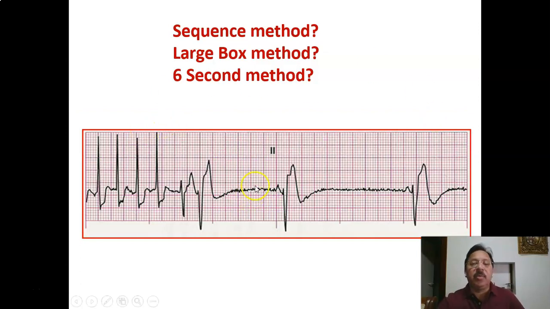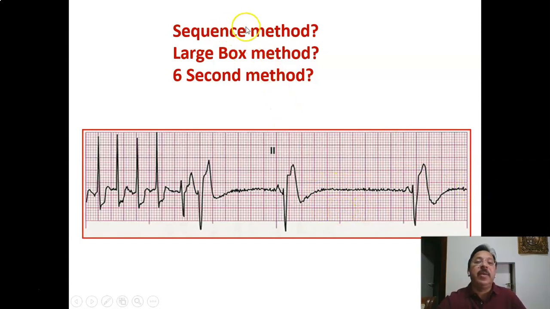Look at this rhythm strip. Here it's a challenging strip, but if we take this initial part as a separate rhythm, and the later half as a separate rhythm, then it's easy to calculate the heart rate. This ECG shows a specific rhythm, which is SVT, supraventricular tachycardia, and here the patient might have received some intervention like adenosine, and then later it starts another slow rhythm.